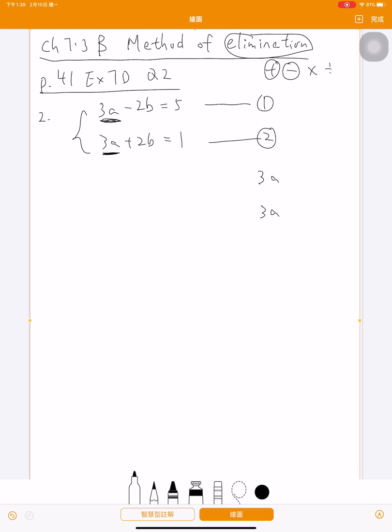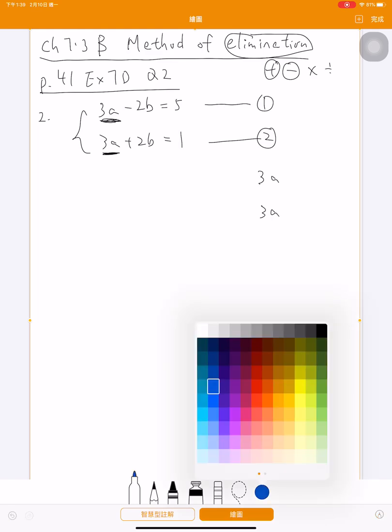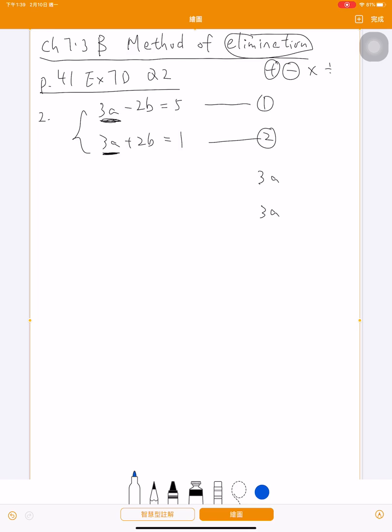For the second one, that is for the b, in equation 1 it is negative 2b, and in equation 2 it is positive 2b, right? They are similar, but not totally the same. One is negative, but one is positive.